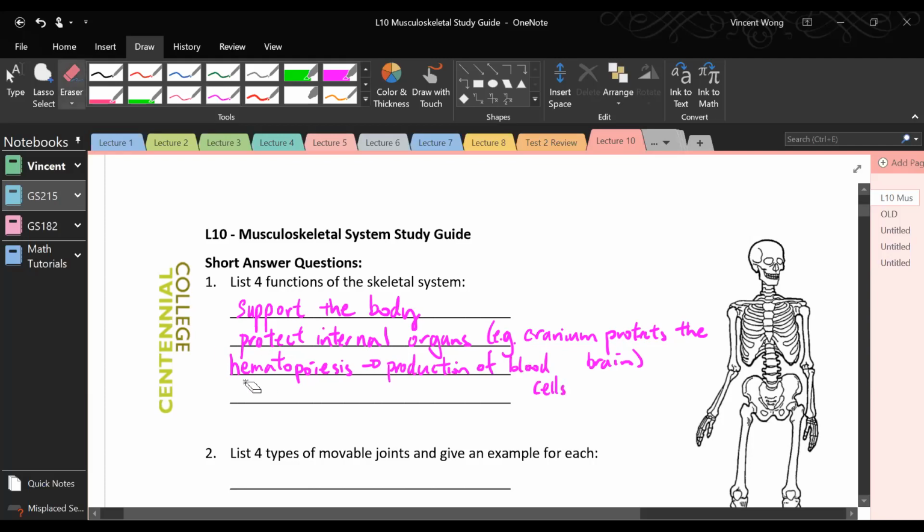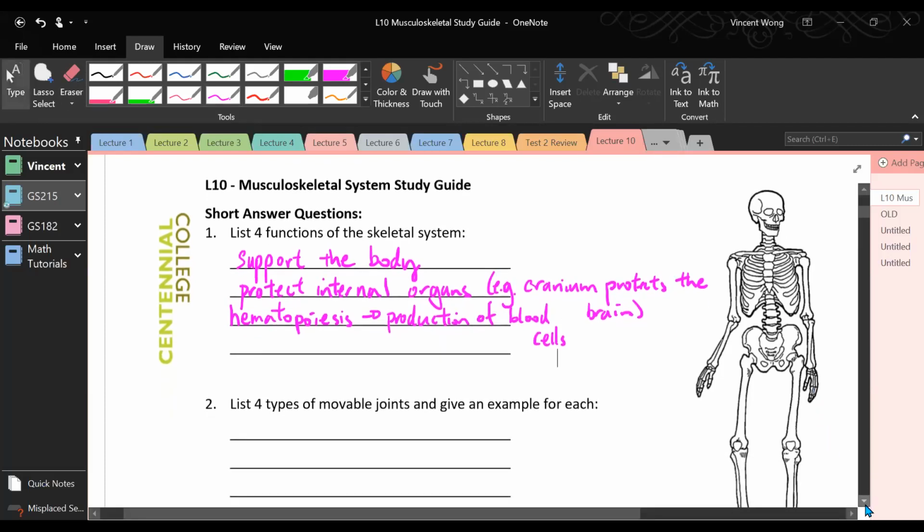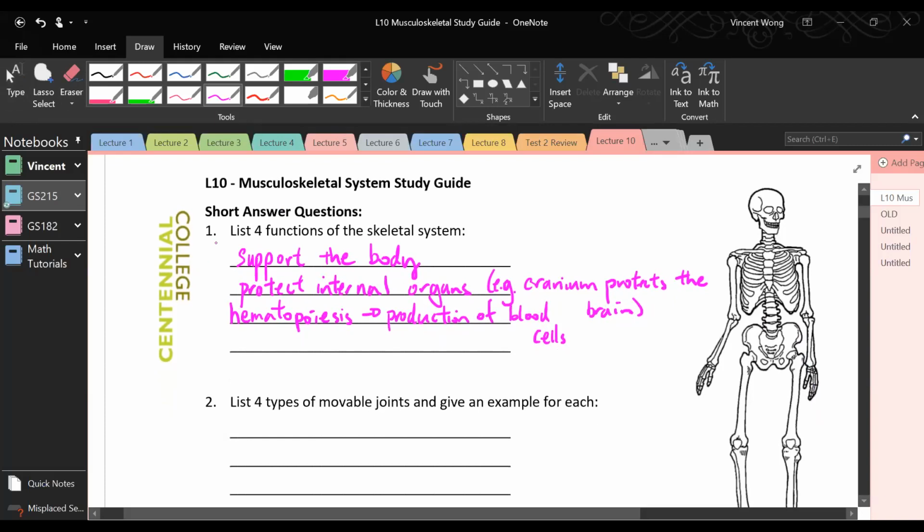That happens in the bone marrow, the red bone marrow. There are more active bone marrow sites in a child than an adult.